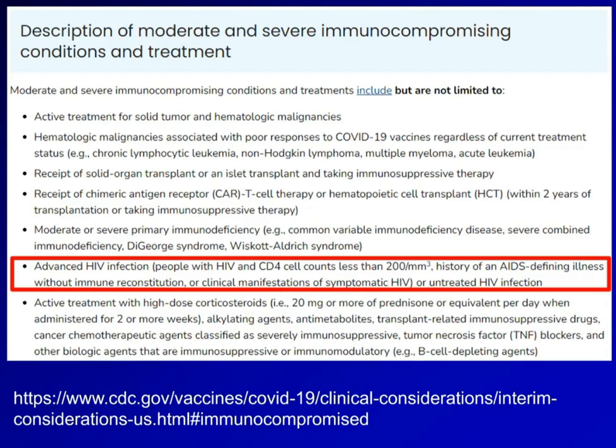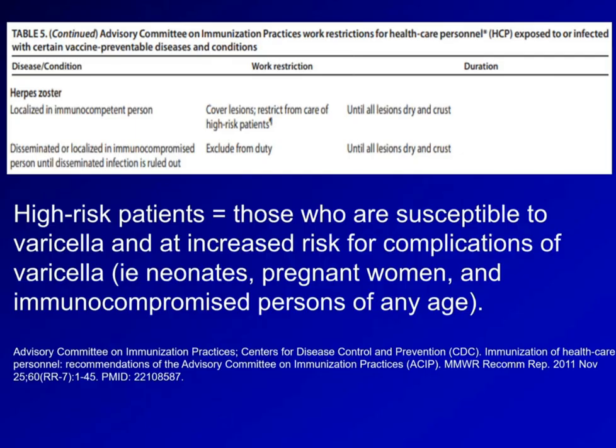And so you can see here, does advanced HIV count? Yes, but that means CD4 count less than 200. History of AIDS defining illness without immune reconstitution or clinical manifestations of symptomatic HIV. Is that her? No, she didn't have that. So in her case, the driving factor, when you go back to our table, the driving factor here is the fact that it's high-risk patients, and for that reason, you're going to restrict her from duty.